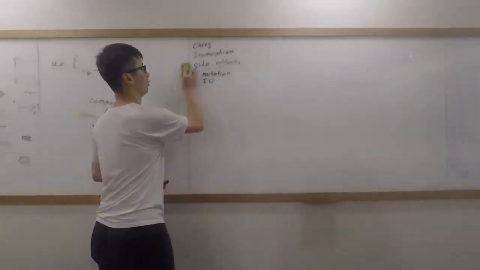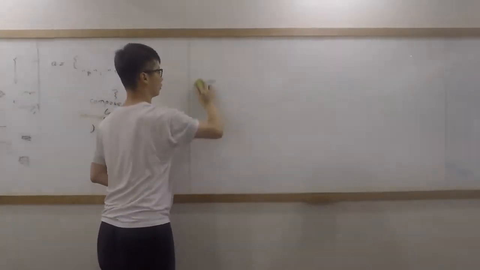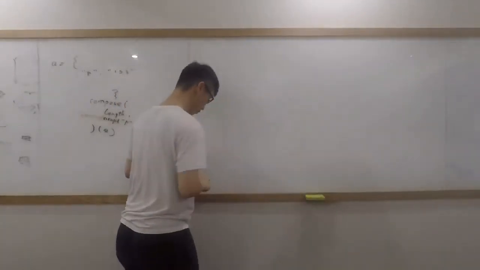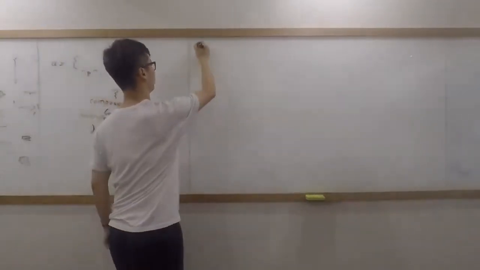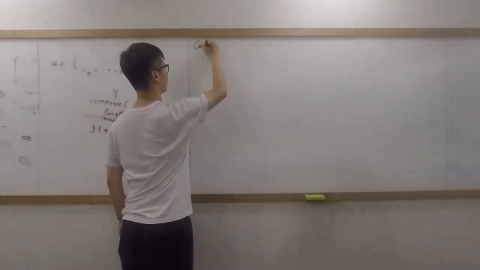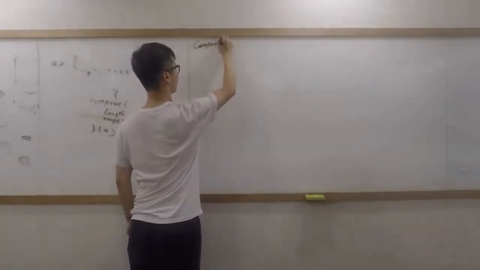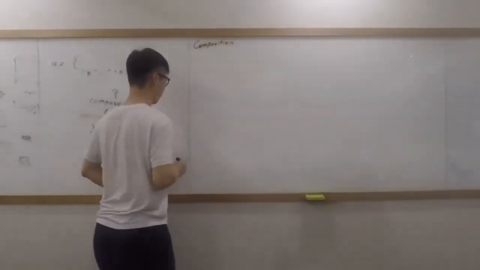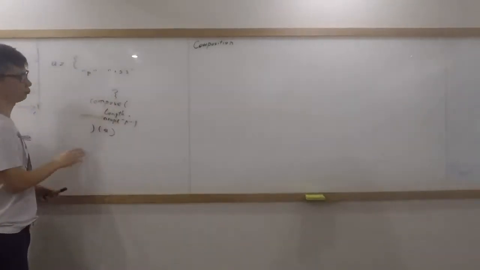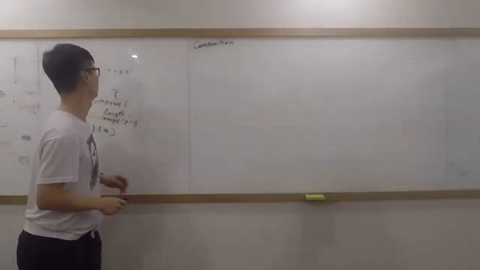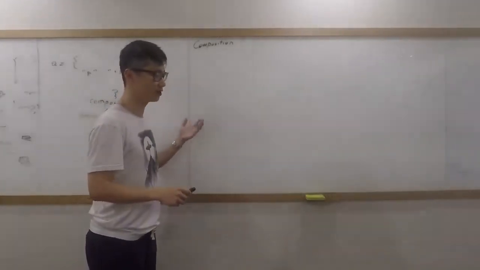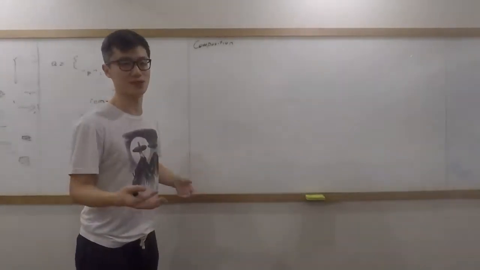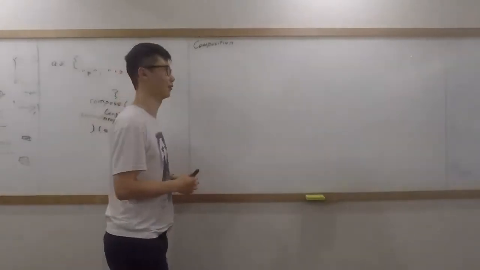Okay, so let's move on to composition. We'll take this time. So get a bit of a compose here. To be honest, to understand this one, it's just the same as curry.